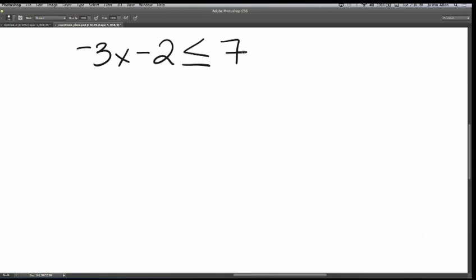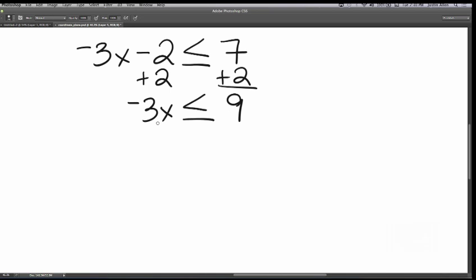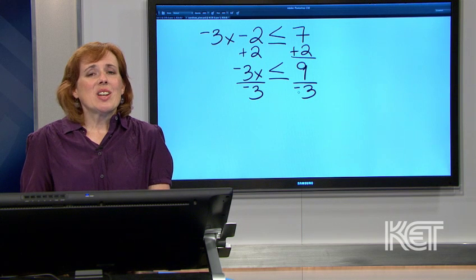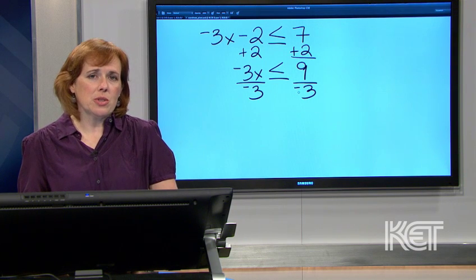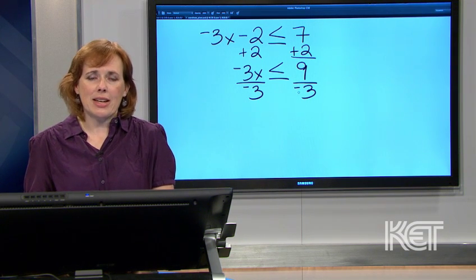Okay, so first we want to eliminate that minus 2, and we do the opposite, which is plus 2. 7 + 2 is 9, and that leaves us with a -3x on one side of the inequality. In order to get rid of that -3, we're going to have to divide by -3 on both sides. Now, in an inequality, when you divide or multiply by a negative, you have to flip the sign.